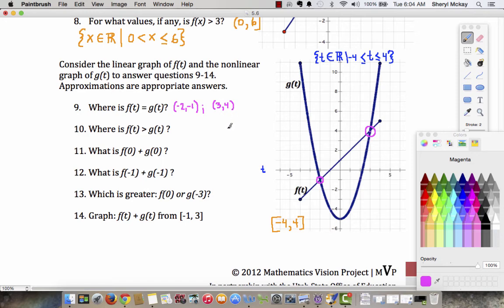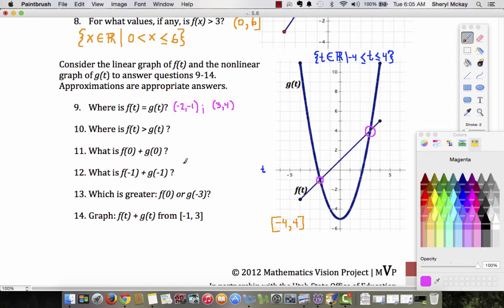Okay? Now, where is f of t greater than g of t? Where is f of t greater than g of t? That means what value of t, when I put in t, will the value be larger than the other?